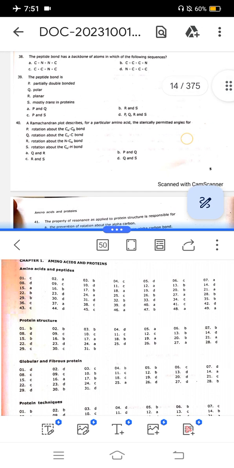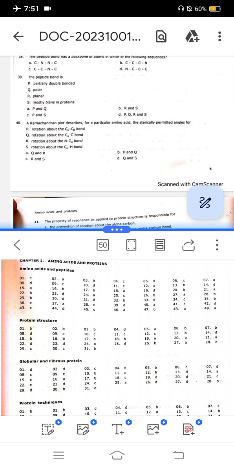R and S are correct statements. R in the sense rotation about the N-C-alpha bond and S means rotation about the C-alpha-C bond. Okay.